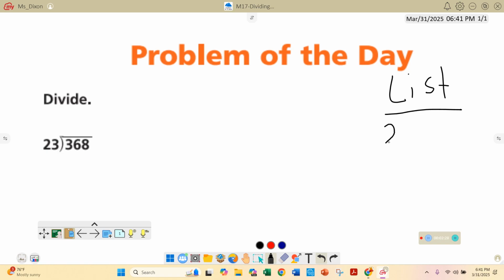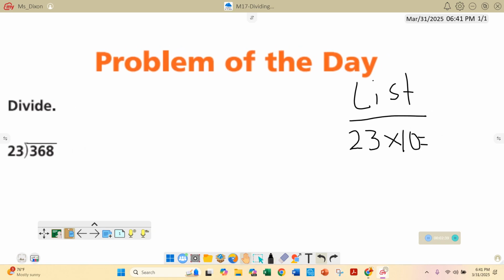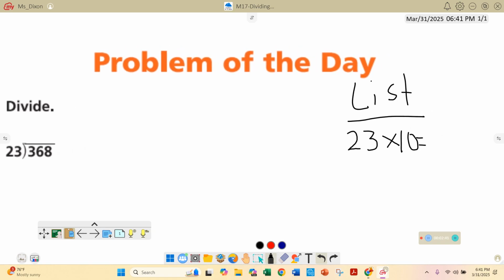A good starting point is always 10. So that will be 23 times 10. We all know that that's going to be an easy number to multiply. You simply need 1 0. And then 1 times 23 is 23. So our answer is 230.